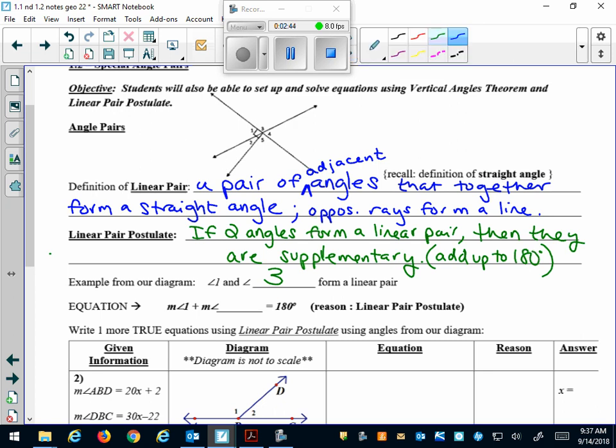So that's by definition. We recognize 1 and 3 form a linear pair. The equation that we could write then is the measure of angle 1 plus the measure of angle 3 equals 180 degrees because of the linear pair postulate, which tells us that they're always going to add up to 180.